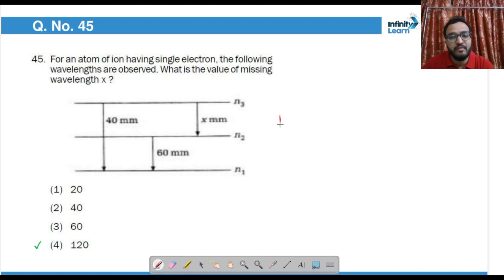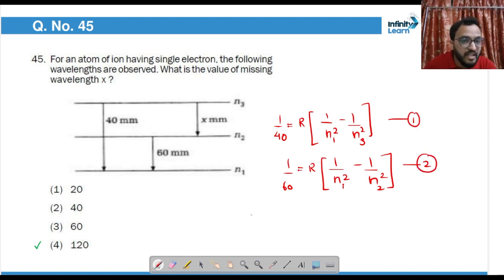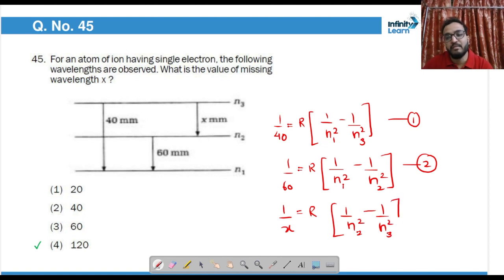You will say, sir, 1 by 40 is R into 1 by n1 square minus 1 by n3 square. Similarly, 1 by 60 is equals to R into 1 by n1 square minus 1 by n2 square. So this is equation 1, this is equation 2. Whatever answer we need is this. 1 by x is equals to R into 1 by n2 square minus 1 by n3 square.